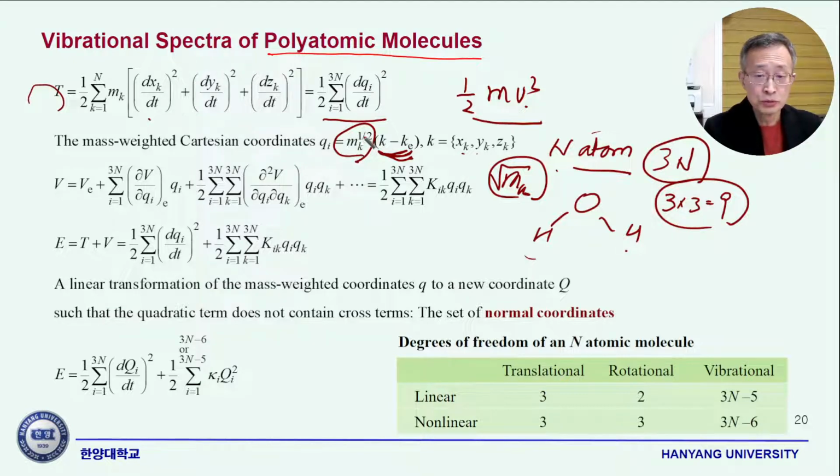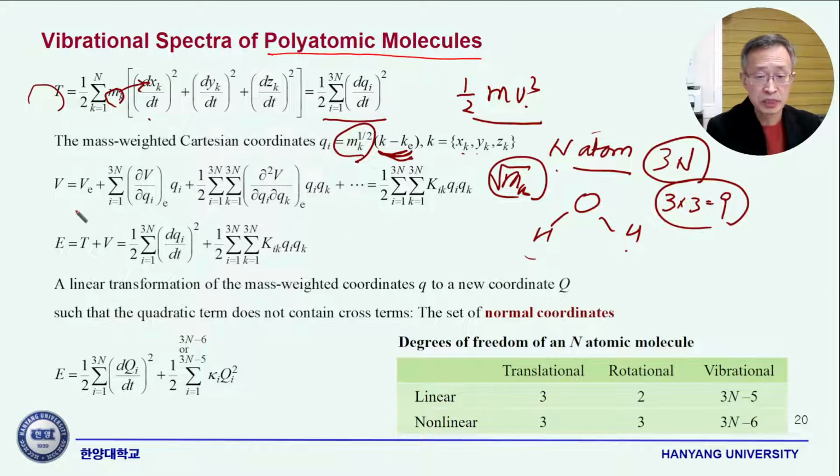Anyhow, we use the mass-weighted Cartesian coordinates, then include the mass into the square term, so that the mass doesn't show up in the expression for the potential.